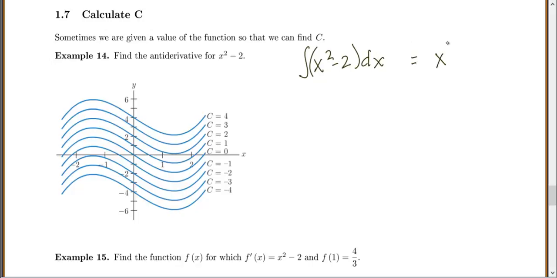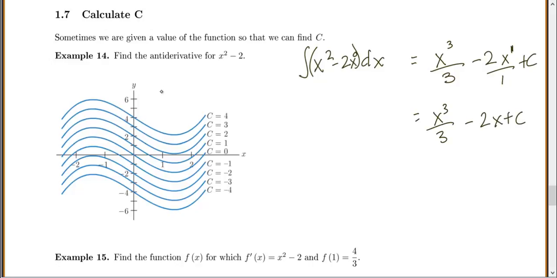For x squared, raise the power by 1 and divide by your new power, minus 2. Now this 2, that's really like 2 times x to the power of 0. You just don't normally see the x to the power of 0. So we'll raise the power by 1 from 0 to 1 and divide by our new power of 1, plus c. So in other words, x cubed over 3 minus 2x plus c.